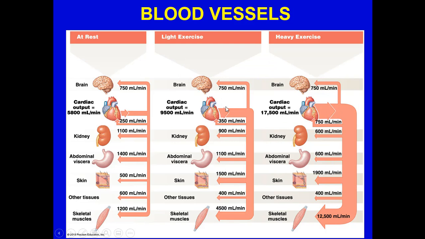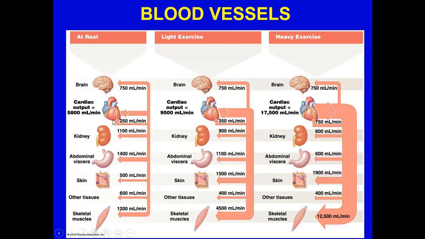So what's going on? What you have are a greater amount of cardiac output occurring, but now you're shunting blood to different areas. This brings us back to the sympathetic and parasympathetic systems. Remember, fight or flight? I don't need to digest my meal. I need to either fight or flee the threat.